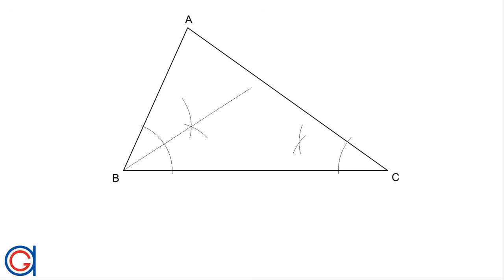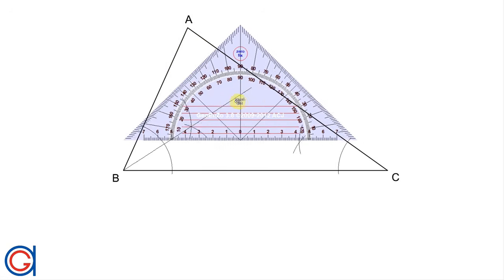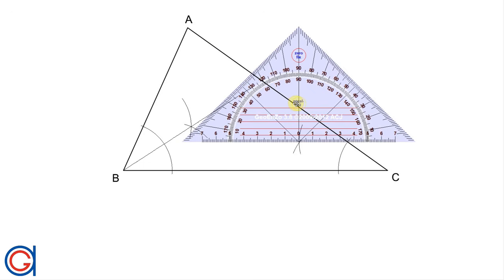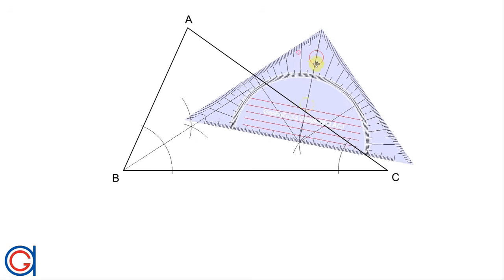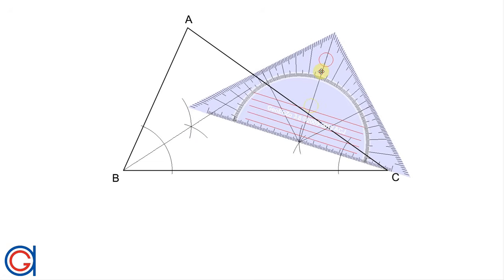And again, we join vertex C through this intersection point and elongate the line until it cuts our previous angular bisector of B. Okay, where these lines cross is going to be the incenter point.